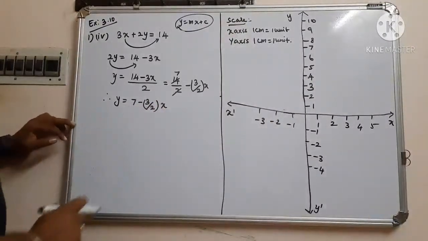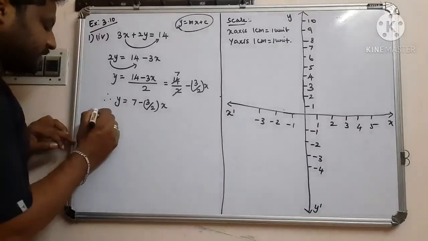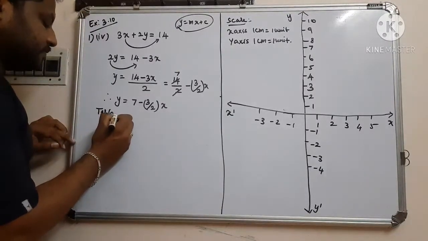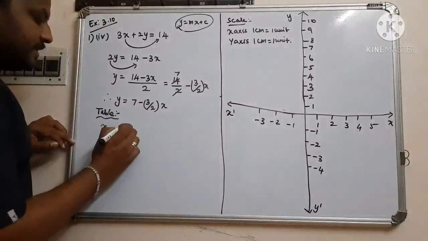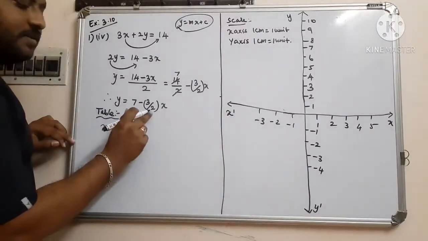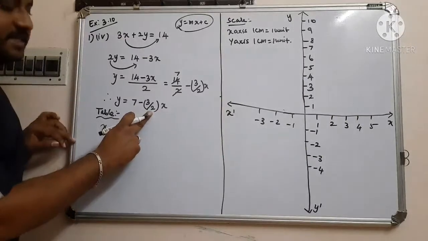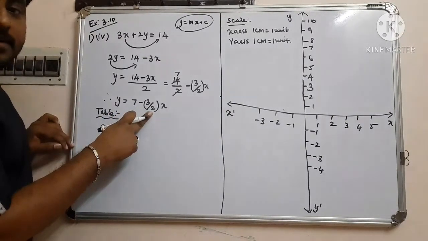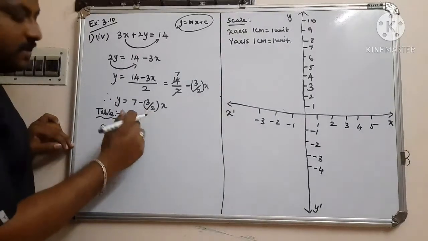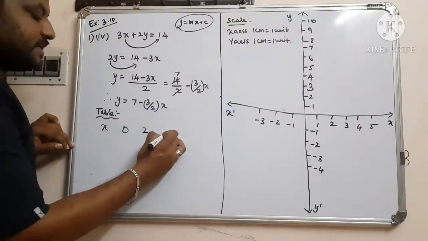Now we have to find out the table for this equation. X, that should be written as 0 here. X coefficient is in fraction, which is in denominator value is an even number. So you must take it as an even number.